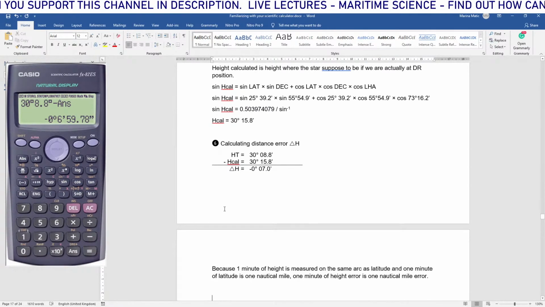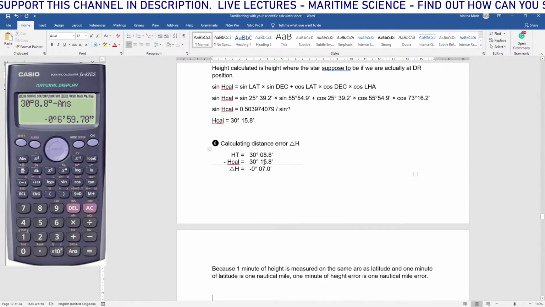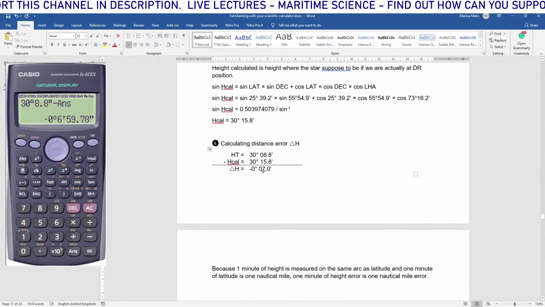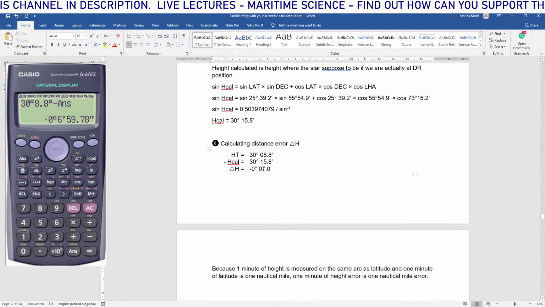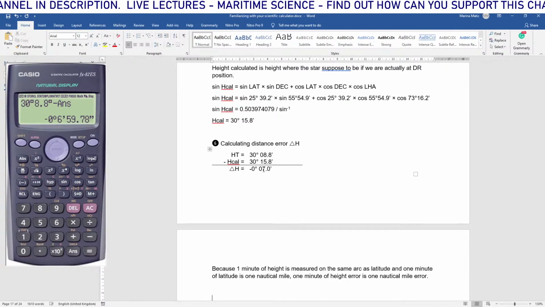So in this case between our assumed position and our true position the error is 7 nautical miles. Possible true position is 7 nautical miles, 7 minutes.